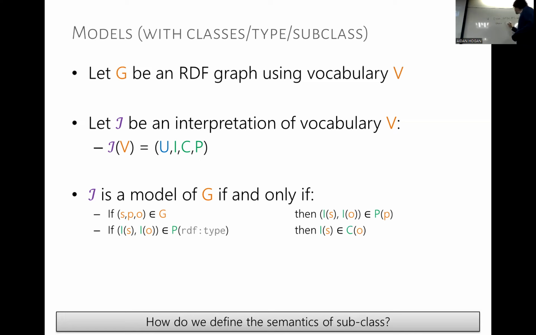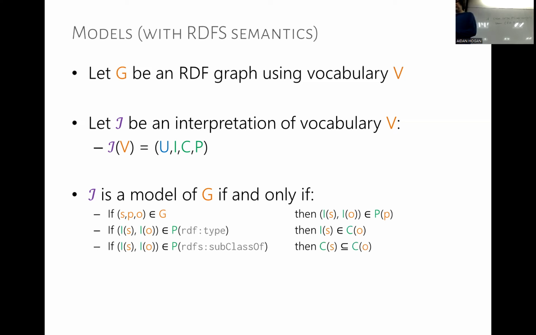So the class we refer to by S, C of S, must be a subset of C of O. So the class that we refer to by S must be a subset of the interpretation of the class that we refer to by O.